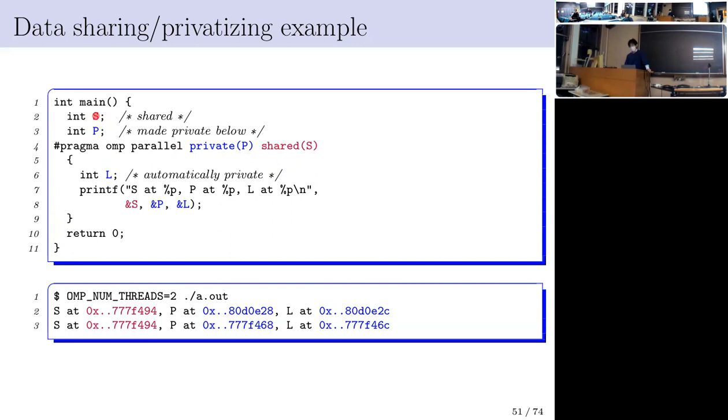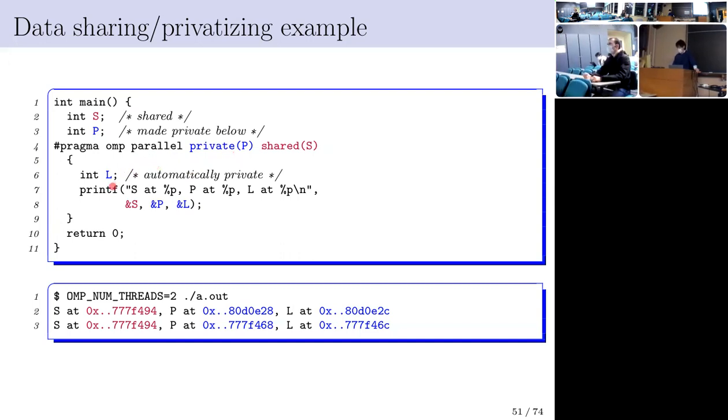So S is shared among all threads created by this parallel pragma, and P isn't. Each thread created with this parallel pragma gets its own copy of P. So when a thread assigns some value to P, other threads do not see it.